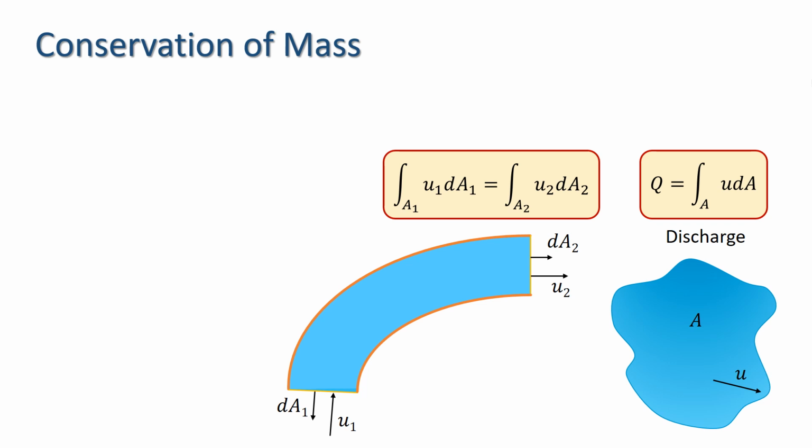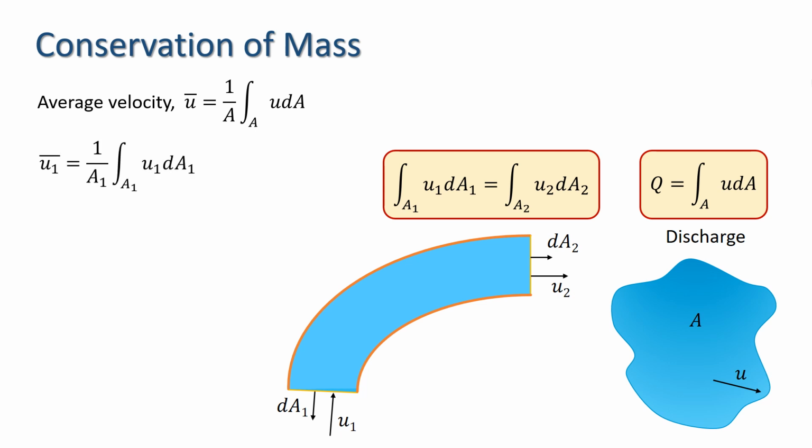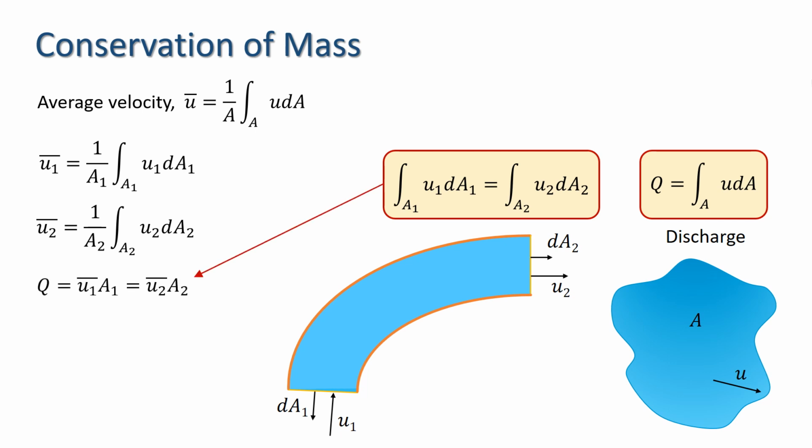Now, the average velocity over a cross-section A is defined as ū is 1 over A times the integral of u dA over A. Thus, by definition, ū1 is 1 over A1 times the integral of u1 dA1, and ū2 is 1 over A2 times the integral of u2 dA2. Thus, the continuity equation tells us that Q equals ū1 times A1, and that's equal to ū2 times A2.